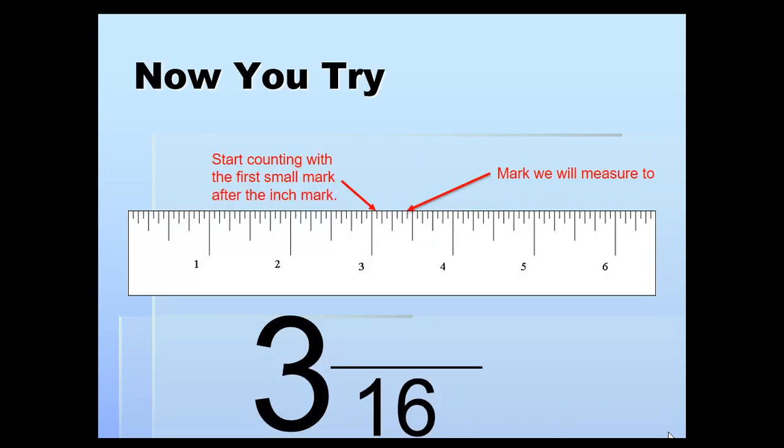Start counting with the first small mark after the inch and stop when you reach the mark we are measuring to. Make sure to count each of the lines. Did you get the number 7? You should have, and that means we have 7 out of the 16 pieces in that inch.